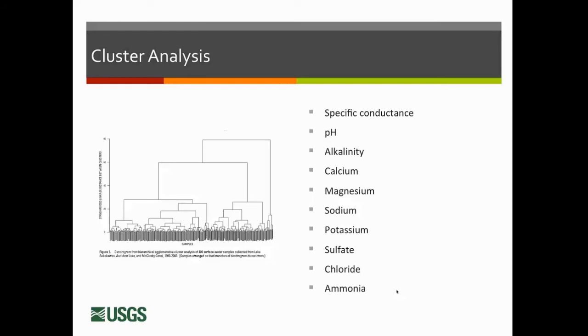Cluster analysis results in a dendrogram when you use the hierarchical agglomerative method that looks like this, where all the samples are represented by a line across the bottom. And then it looks at this data in 10 dimensions, and if you can imagine data in 3 dimensions, say you're holding a basketball in your hands, you might have some points that were low in all 3 dimensions, and they would cluster around the center of the basketball.